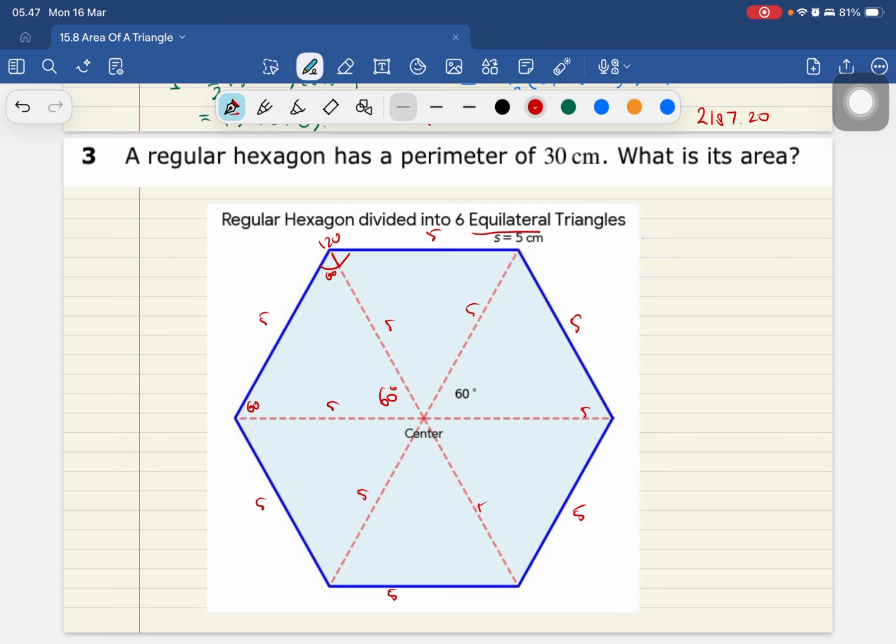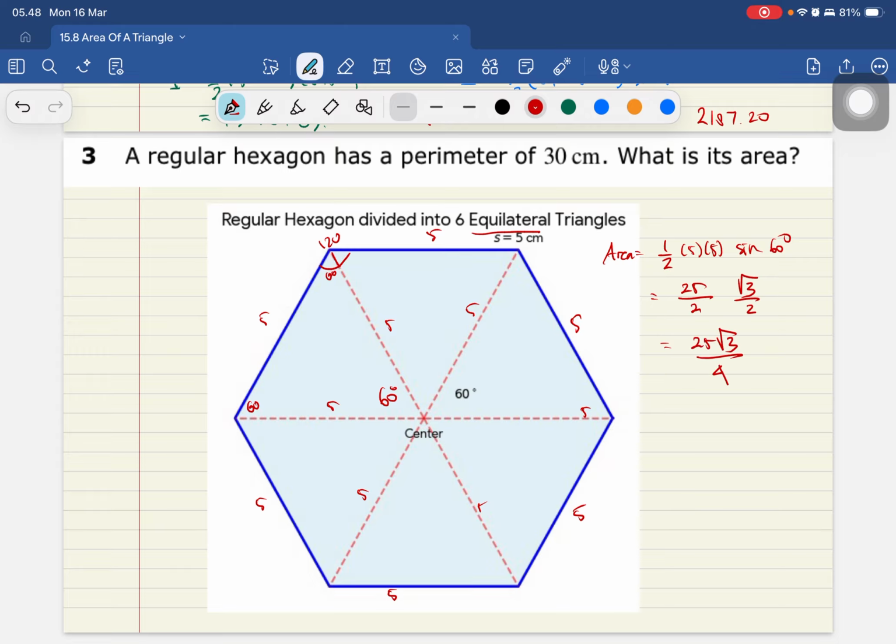So we can use a formula. The area is going to be a half of 5 multiplied by 5, and then with the sine 60 degrees. It's going to be 25 divided by 2, and then sine 60 degrees is square root of 3 divided by 2, so it's going to be 25 square root of 3 divided by 4.